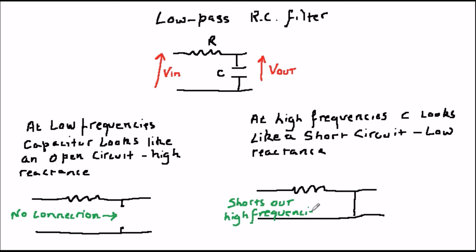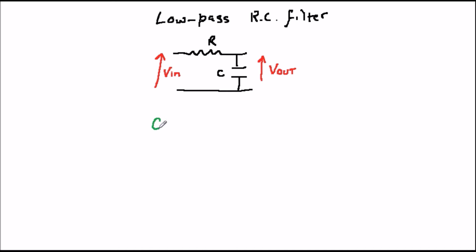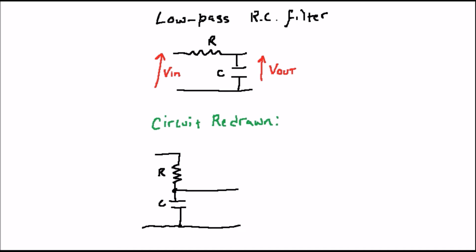Further insight can be gained by redrawing the circuit. Here we can see that it actually has the same form as a voltage divider. If you don't remember about this circuit, look back to our video about resistors.